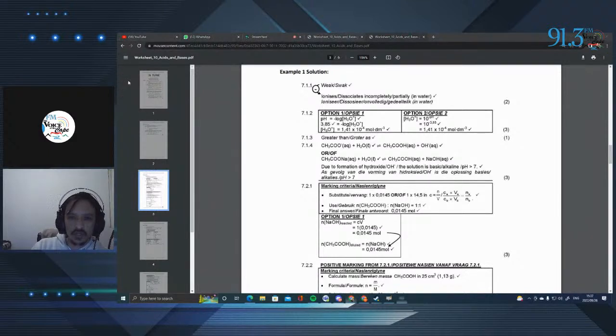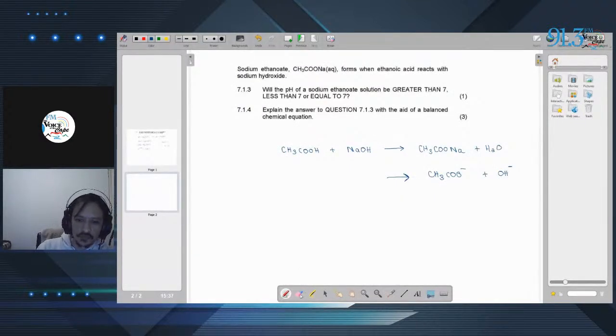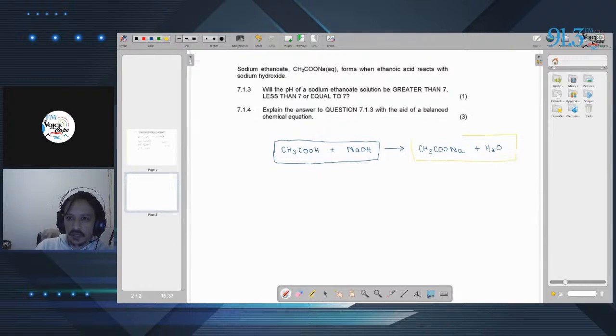Well, if we take a look at this problem, you're going to see this. So basically, this is the first reaction that takes place, and then we end up with a solution of this over here. Now they're asking about the pH of this solution. So if we think about it, if we have the CH3COO minus, oops, let me use a different color because that's a bit too yellow, reacting with this H2O.